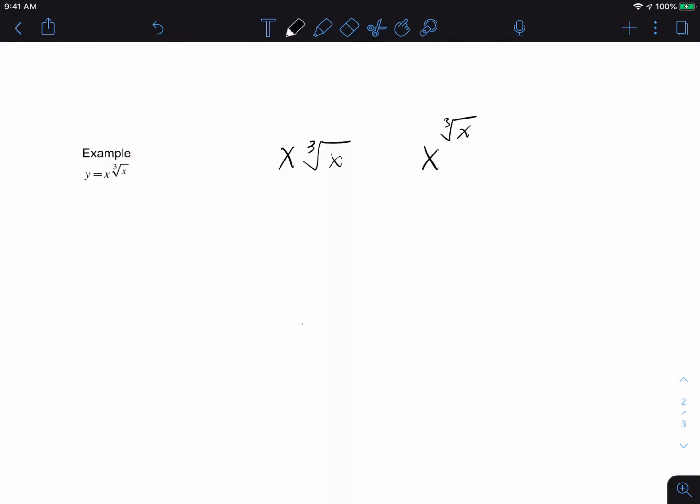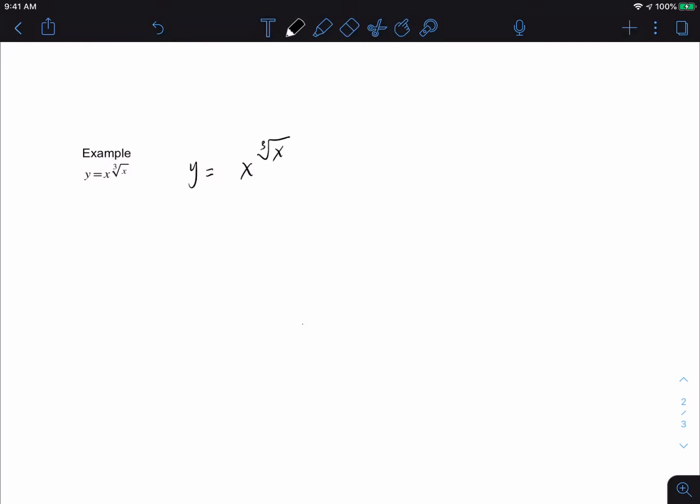Okay? I know it looks like the first one. It's not. That's an exponent. It's just the program I use, MathType, makes it look almost like a product. So I don't want you to mess that up. So I'll just rewrite it. It's y is equal to x to the cube root of x.